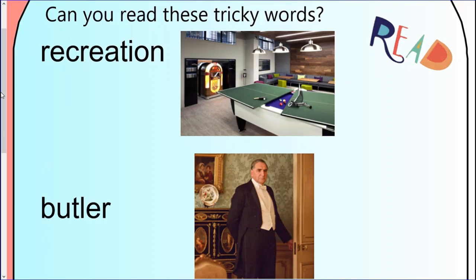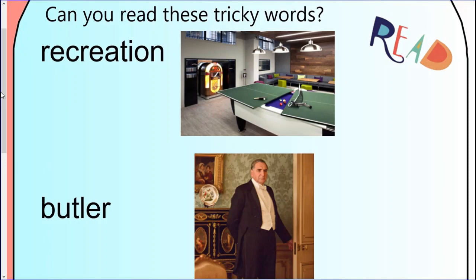So can you have a go at reading these tricky words? So the first one is recreation. And I've put a picture here of the definition because in the text, Fraulein Voll talks about a recreation room, and it's basically a room where people can just go and sit and relax and play some games.